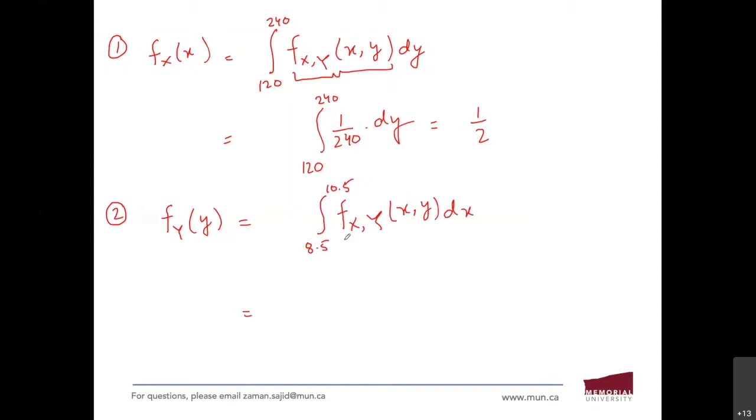Again, the same thing: we know it is 1 over 240, and we integrate it from 8.5 to 10.5 times dx. Once you solve this, you will get 1 over 120. So that's your answer for the first part, and that's your answer for the second part. Folks, I need to go to the next slide, please.